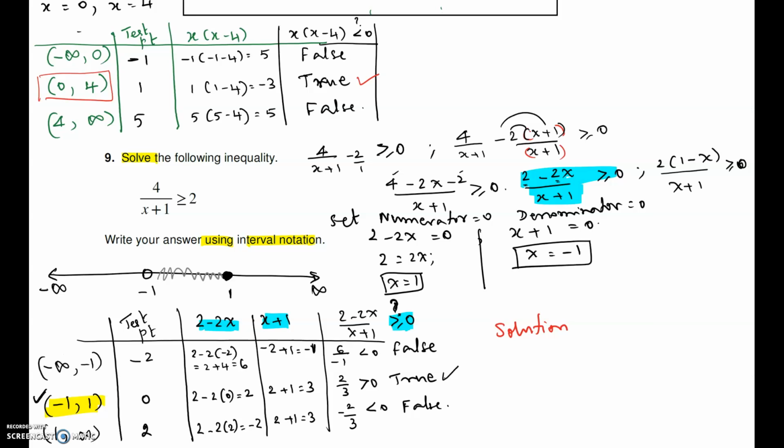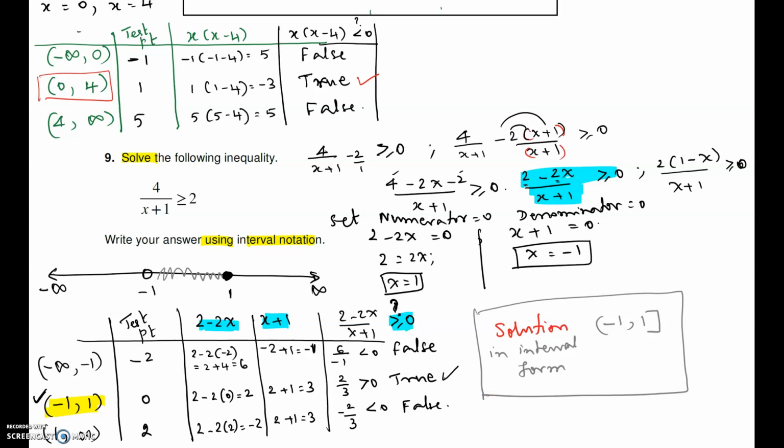But when you write that as a solution, you have to write it as -1 through 1 in interval form. -1 cannot be in the solution because that makes the denominator 0, so the expression will become undefined. So it cannot be equal to -1, but 1 can be part of the solution. So this is the solution in interval form. Hope this video helps.